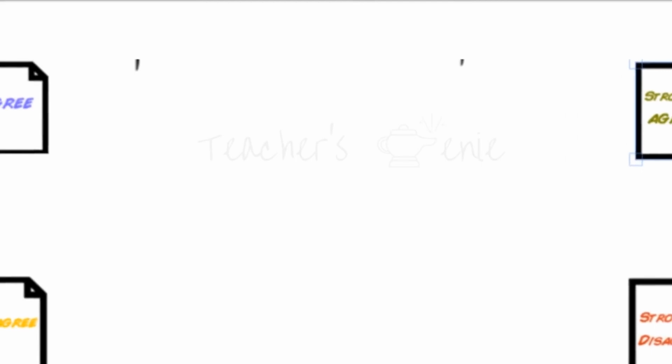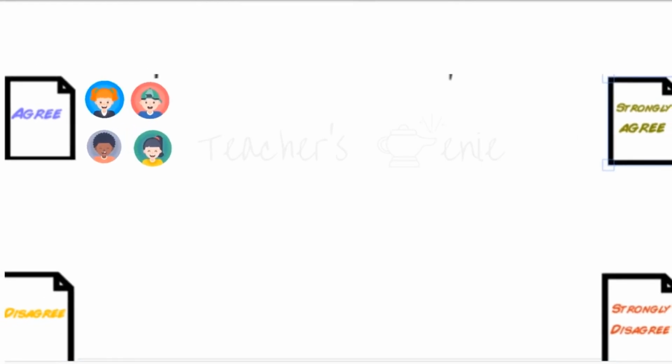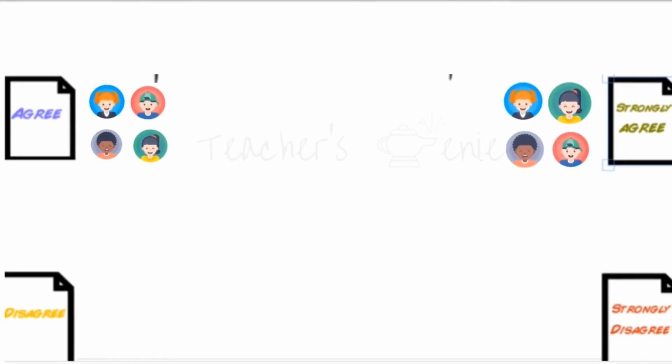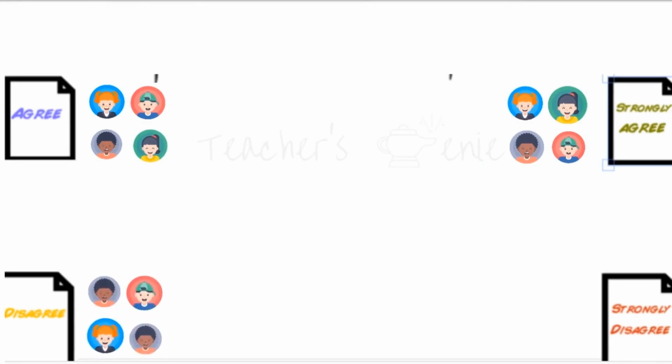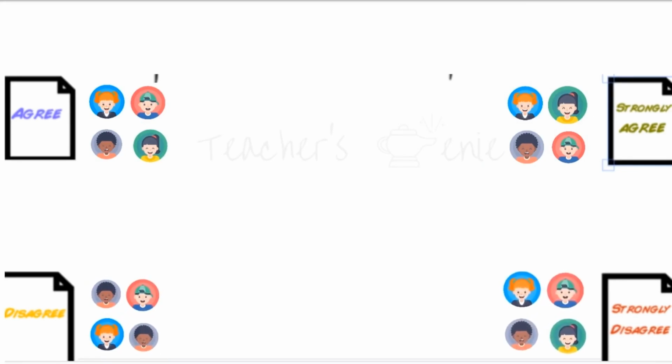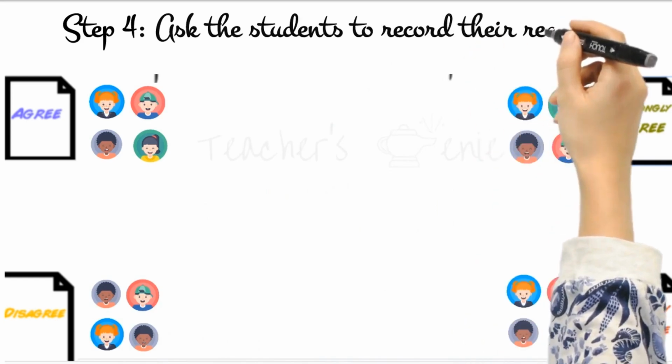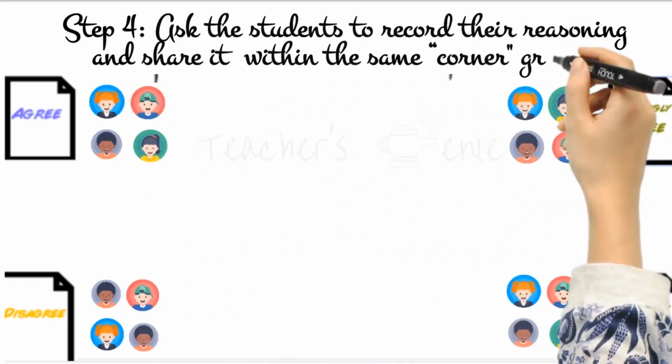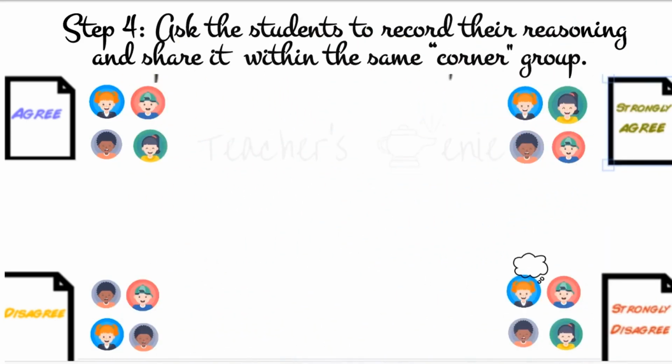Now, students have moved to the corner to which their answer mainly aligns. Step 4 is to ask the students to record their reasoning and share it within the same corner group. What I mean by this is that students have now moved to their designated corners.